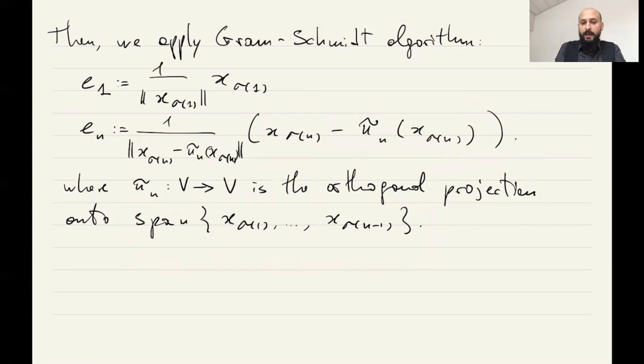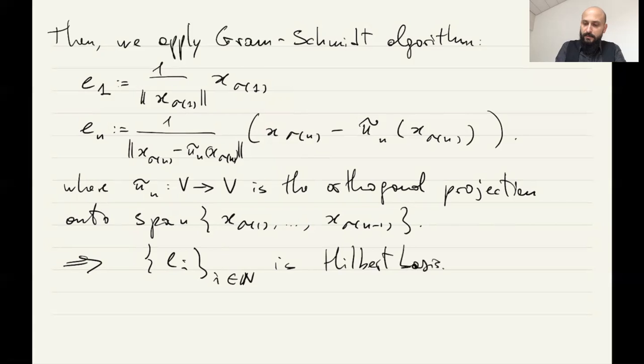Okay, and now this sequence defined is a Hilbert basis. Okay. And the theorem is proved. Okay, therefore, being separable and infinite dimensional is the same as admitting a Hilbert basis.